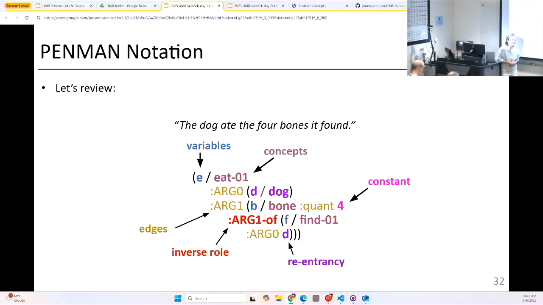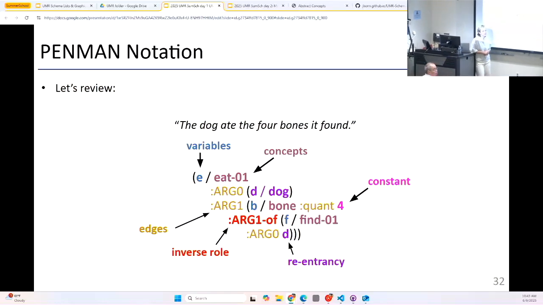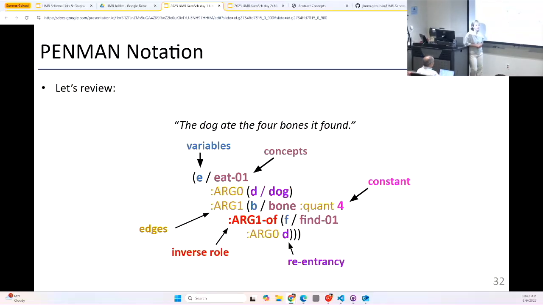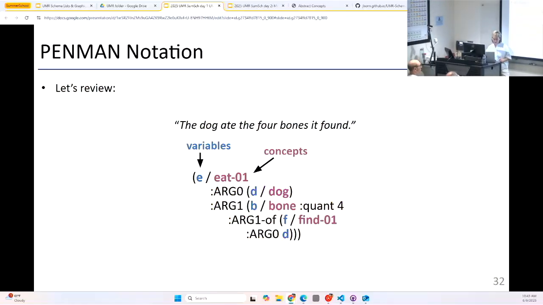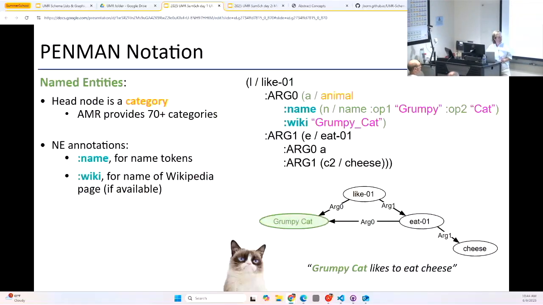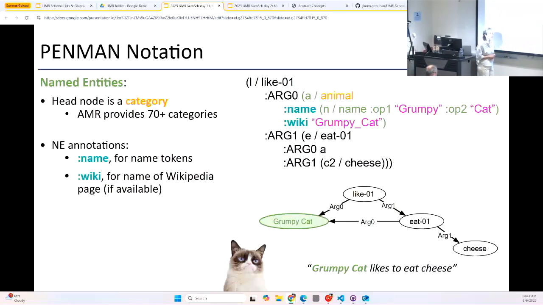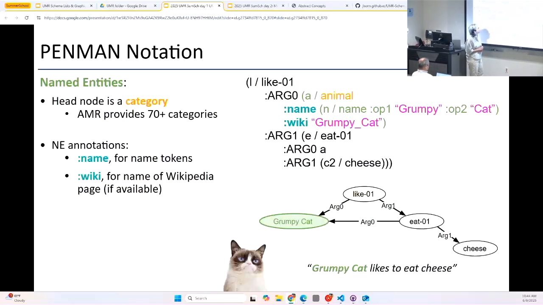You had questions? Do you have only one kind of edge, in the sense that all these edges are kind of dependency relations? For example, if you go back to that named entity, you had Grumpy and Cat. Here this op1 and op2.